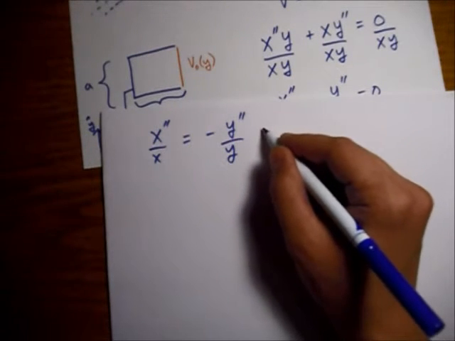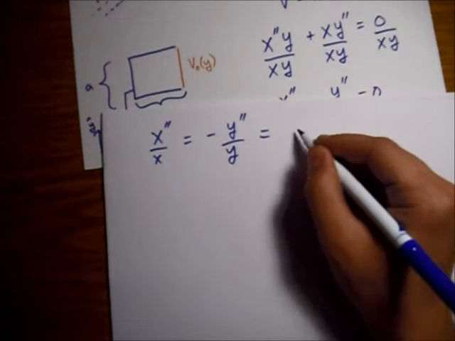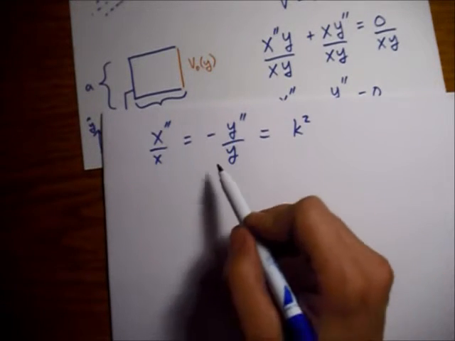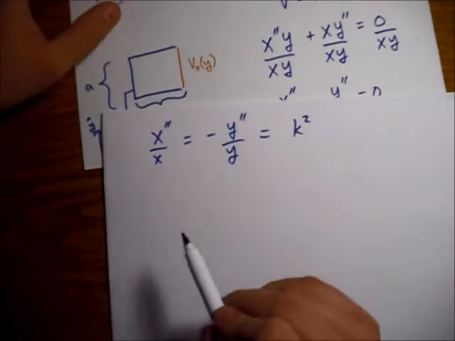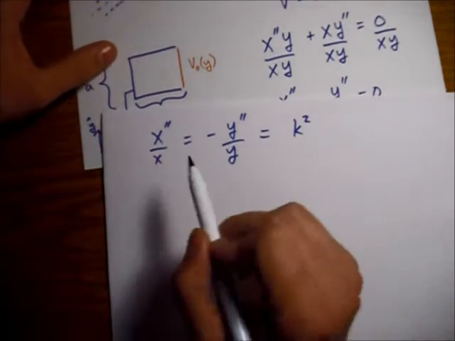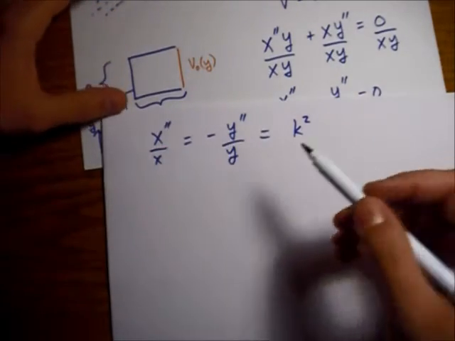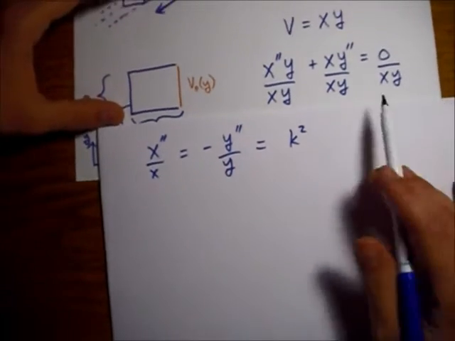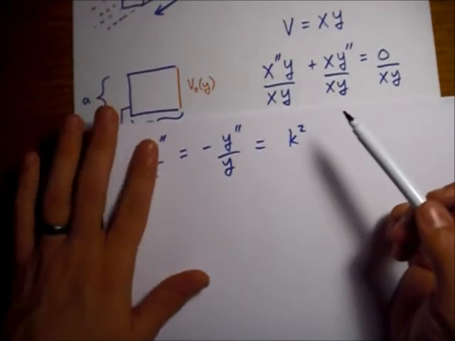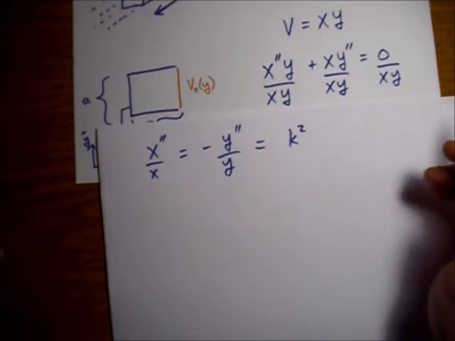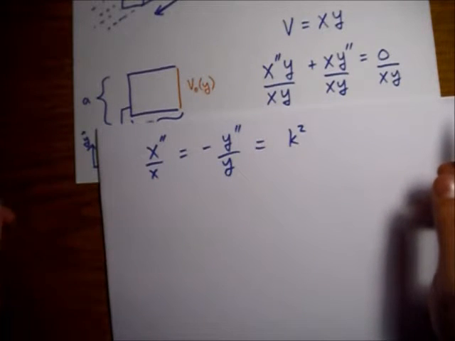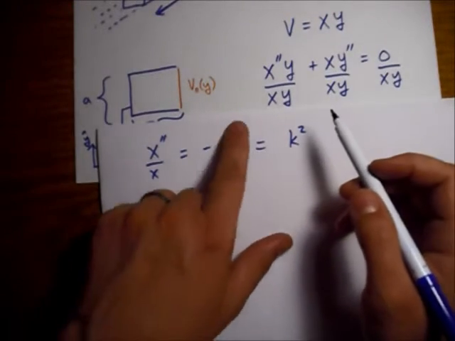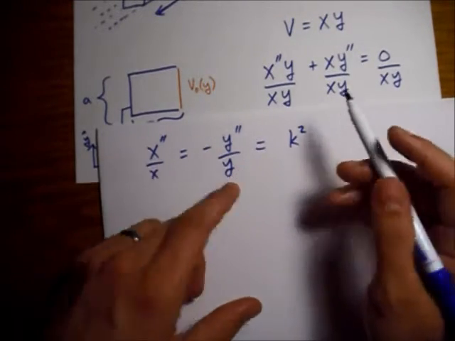For now, I'm just going to write k squared, and then we'll figure out whether there's a minus sign here, and we'll talk about how we decide. The reason they're equal to a constant is because this is only a function of x and this is only a function of y.